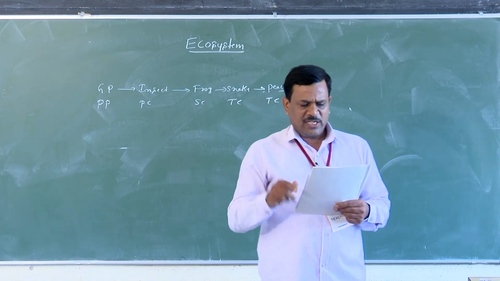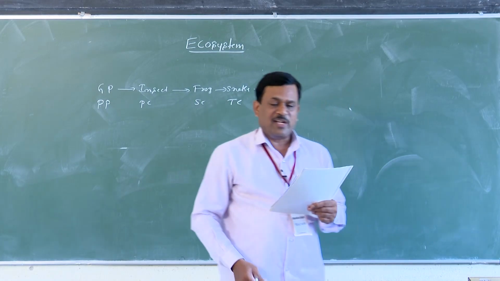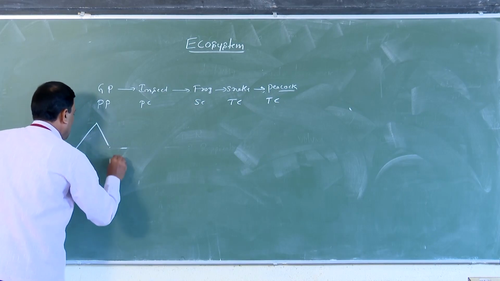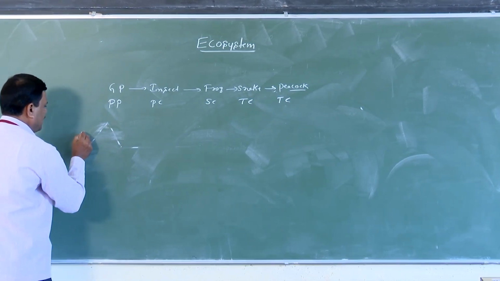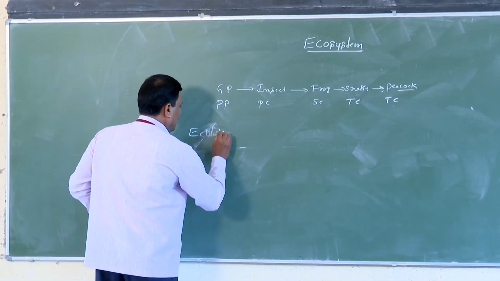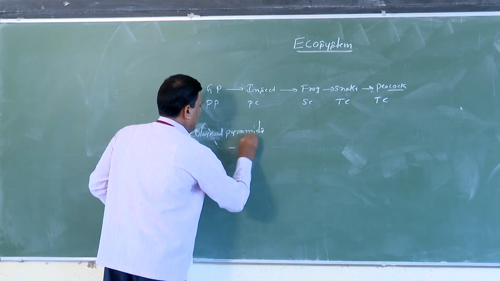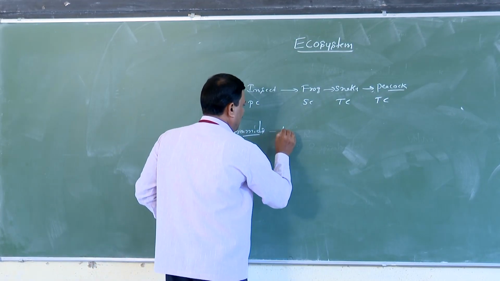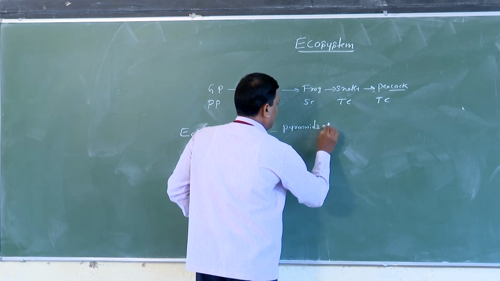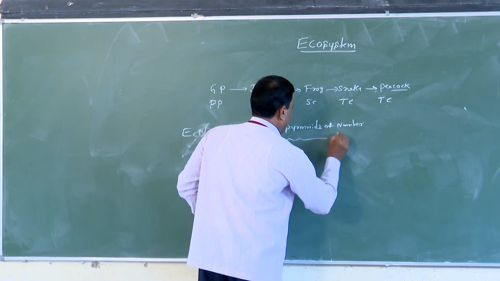Okay, next question. Which of the ecological pyramids is always upright, students? Only one is always upright. There are three types of ecological pyramids. One is the pyramid of numbers. Second is the pyramid of biomass.